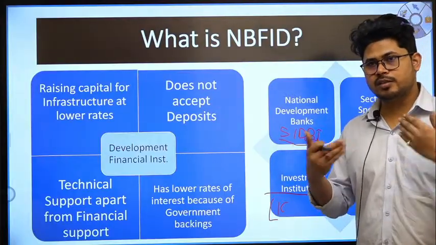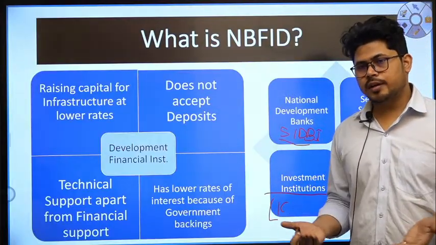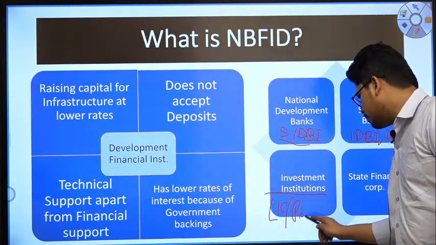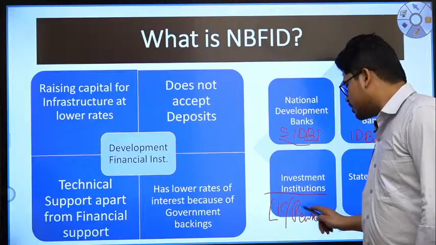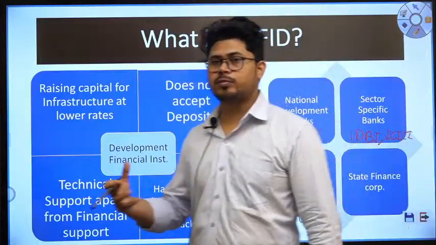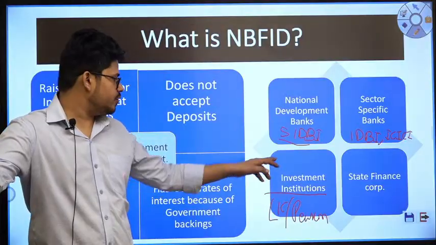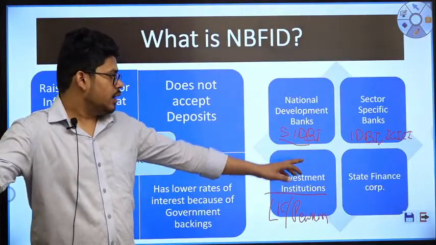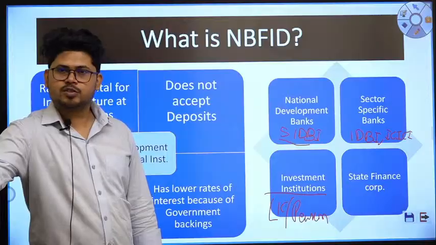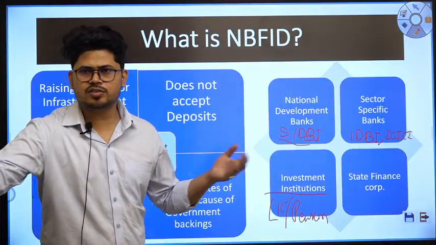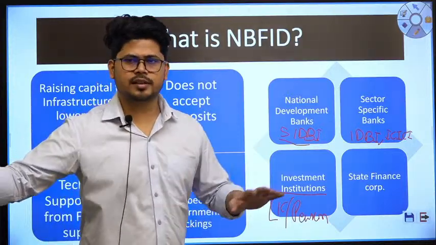And then ये अपने जो policy holders हैं उनको returns देता है. LIC, pension funds as well. Now pension funds are also having huge corpus of money with them. ठीक है, तो pension funds and LIC are called investment institutions. And state finance corporation. State finance corporation मतलब हर state का अपना financial corporation जो कि industries financial corporation और ये सारे examples.